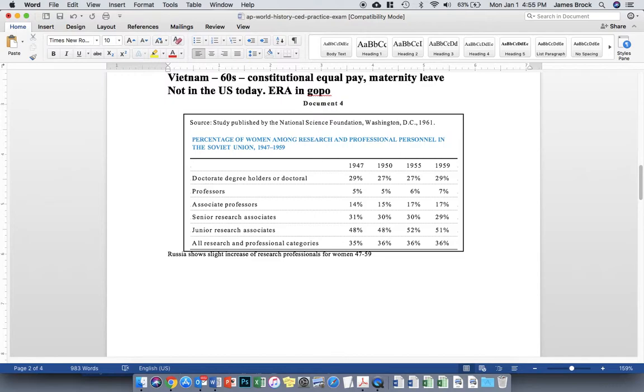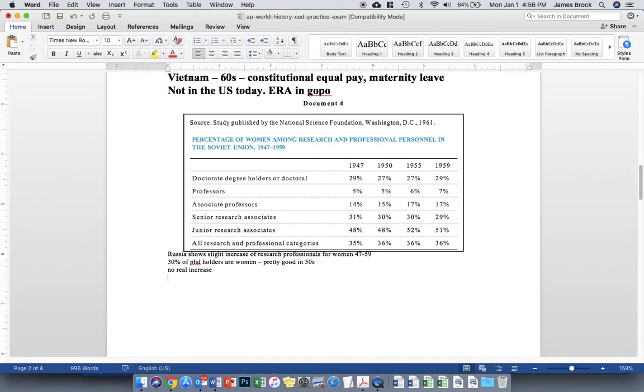So the percentage of women among, okay, 30% of PhD holders are women, which for me is pretty good for the 50s. But we see no real increase.